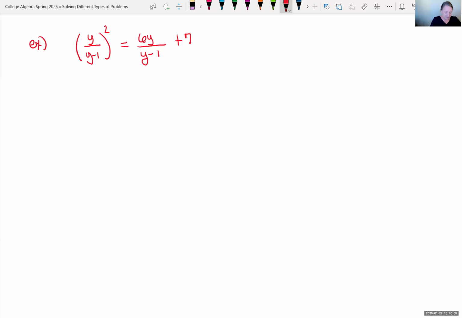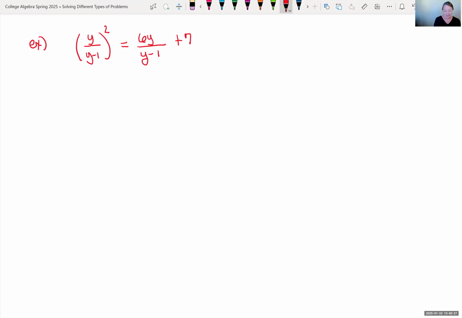So one more question. We have in parentheses y in the numerator divided by y minus 1. That's all in parentheses, and then that's squared. This is equal to 6y in the numerator, that 6y is all over y minus 1, and then after that fraction, we have plus 7.